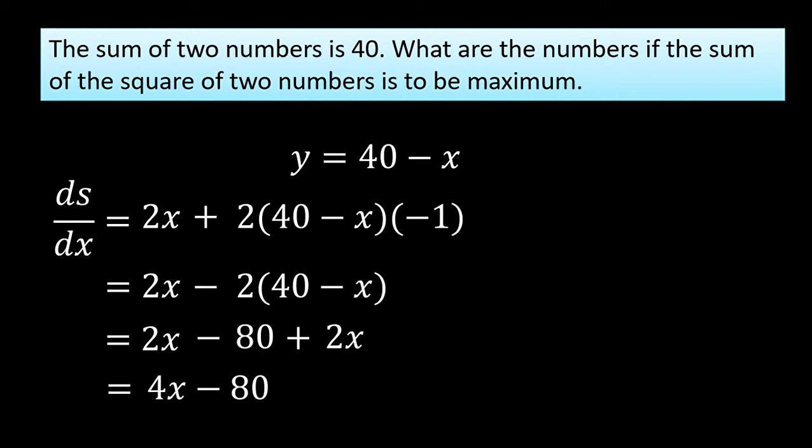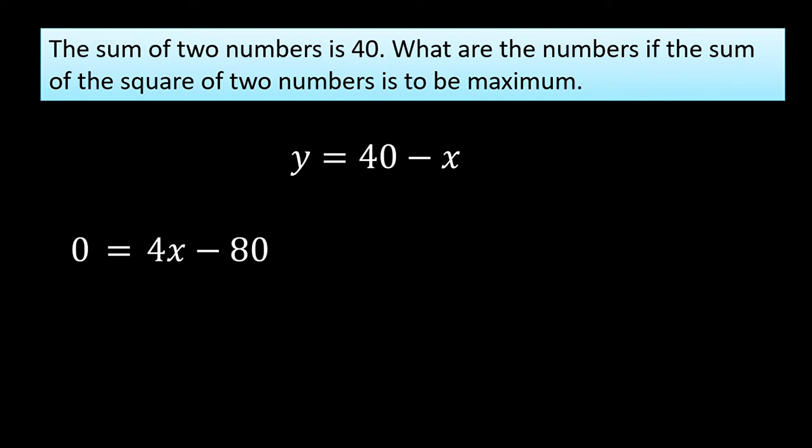The next step is to equate it to 0. So 4x minus 80 will become 0. By simplifying further, dividing both sides by 4, x now becomes 20. So we got one number, which is 20.